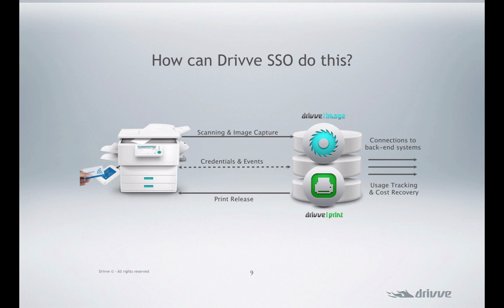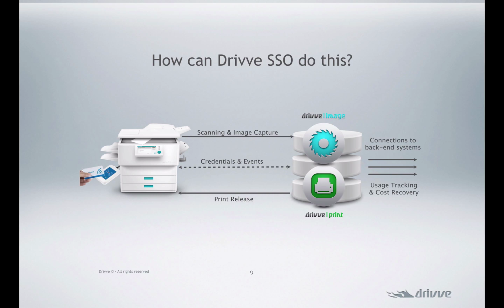Also with cloud applications like Google Apps or Microsoft 365, we don't require the user to enter their password again when they go to send an email or scan to OneDrive or anything. If Drive Image is combined with any other login application, typically the user does have to enter their password for some of those functions because we only know who the user is. We're not actually logged in as a user.